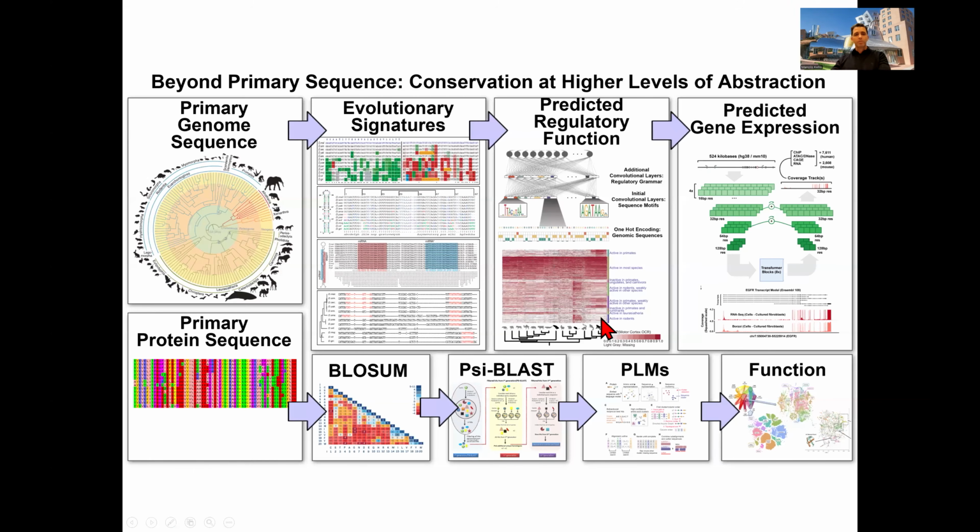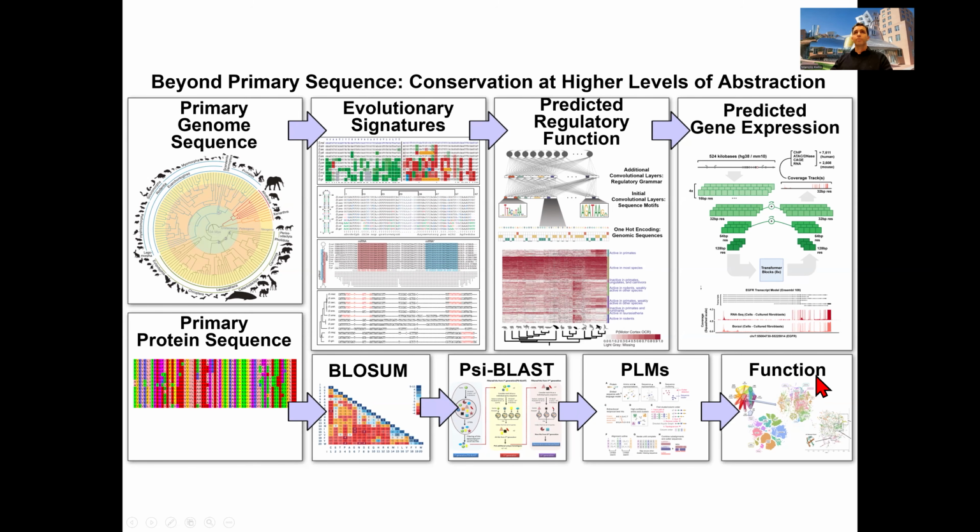And that translation can be either based on what a convolutional neural network might predict as the function of that region based on a DNA language model, or what the predicted expression of that entire region is for the nearby genes, or the protein language model interpretation of that protein sequence, and so on and so forth.